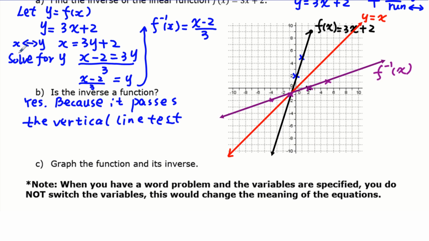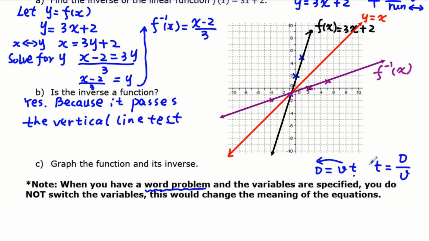What we did is we switch x and y. For a word problem, the variables are specified. For example, distance equals speed times time. When we solve for time, we don't switch the variables, we just solve it.